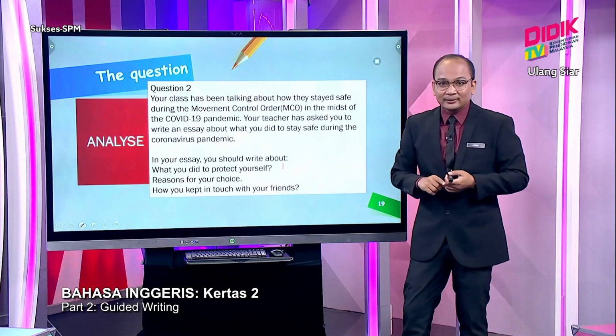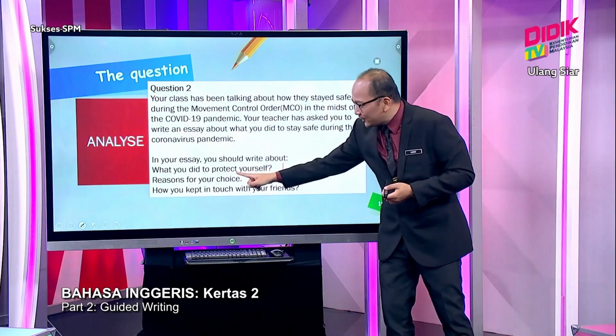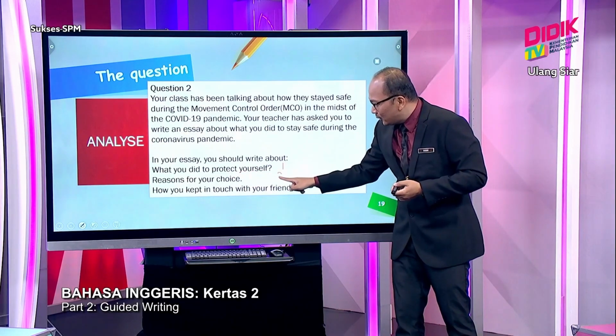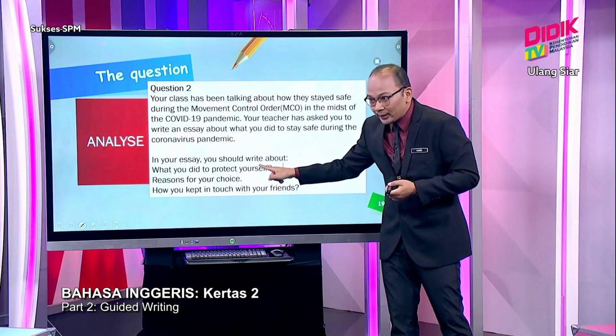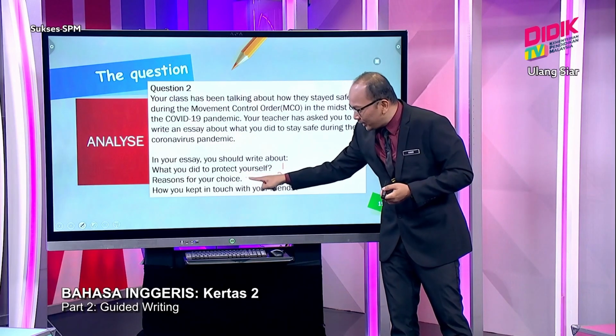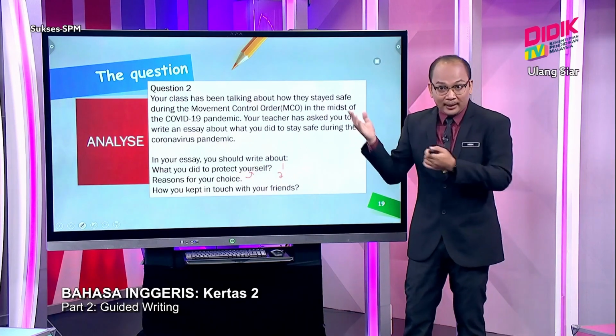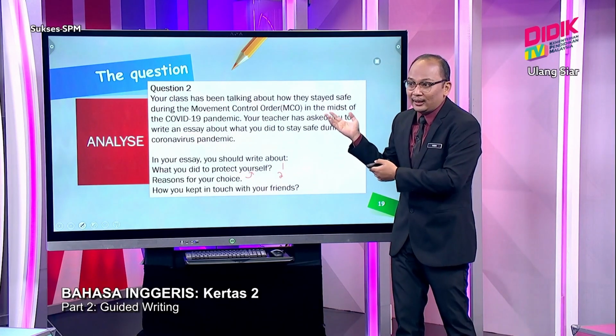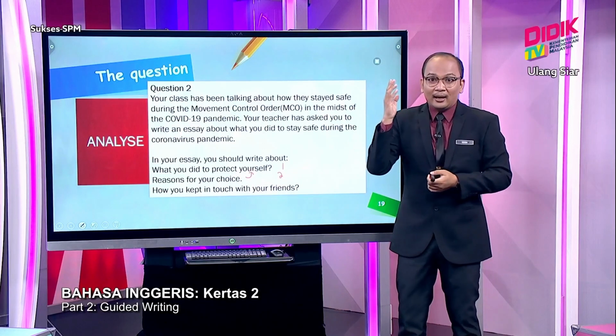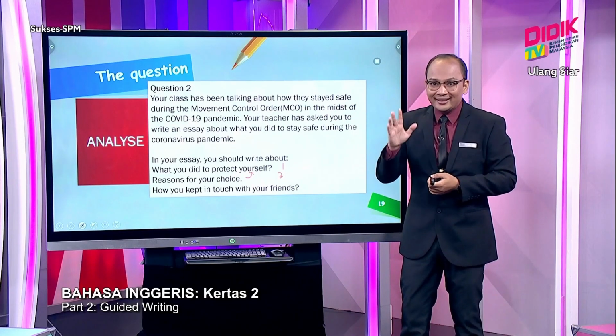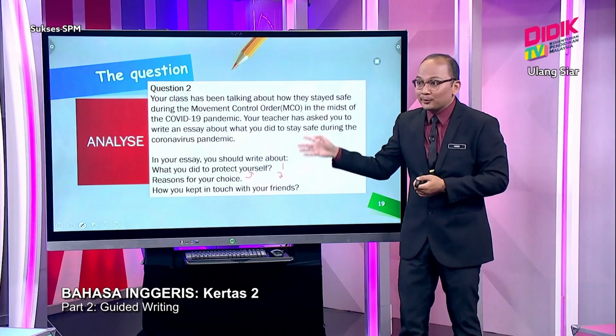Then, reasons for your choice. So whatever you choose over here is related to the second one, so you must give reasons. This is an example, but whatever question comes out, just pay attention to these prompts.